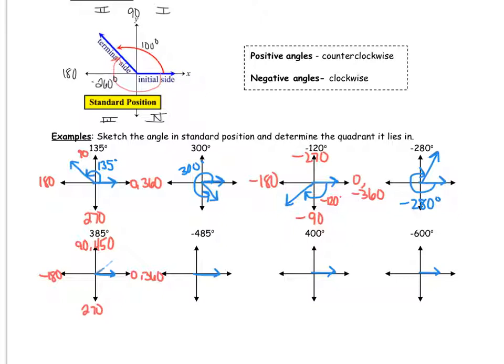So we know it's going to end in quadrant 1, but we have to show the angle that it started here, went around, and then back up again. So you have to show that continuous loop around, and that is 385. Okay, what I'd like you to do now is try these next three all by yourselves, and tomorrow I'll give you the answers. All right, let's move on to the next page.